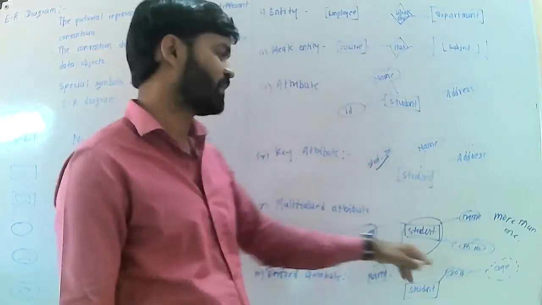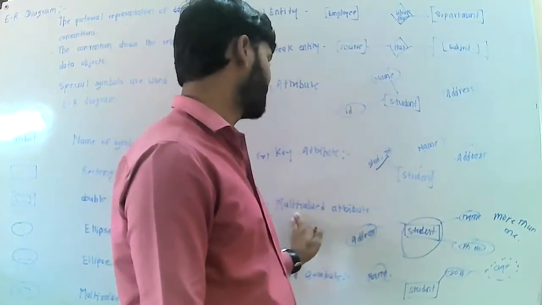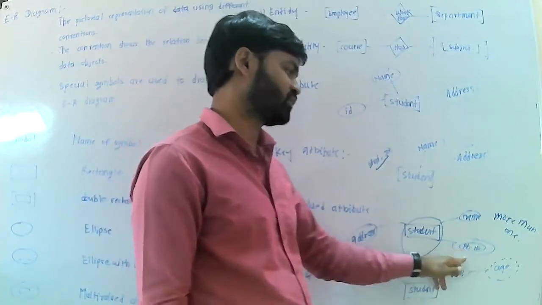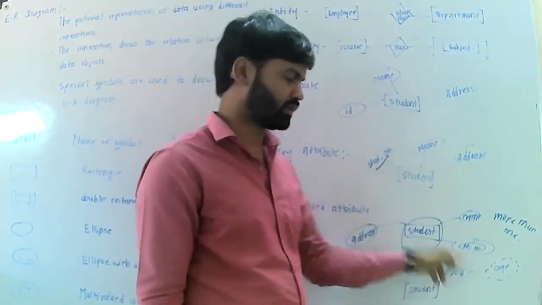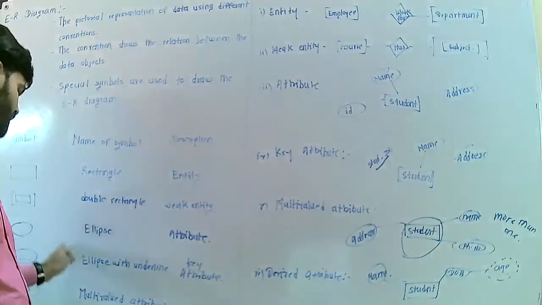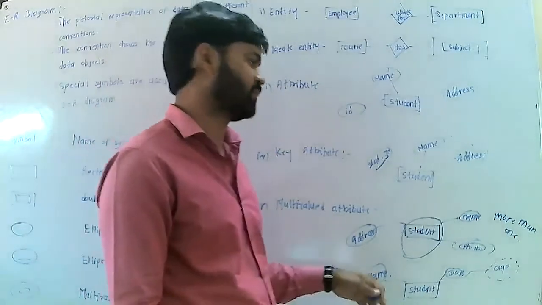Students can have multiple phone numbers. So the phone number is the multi-value attribute, which is shown by a double ellipse. This is called a multi-value attribute.